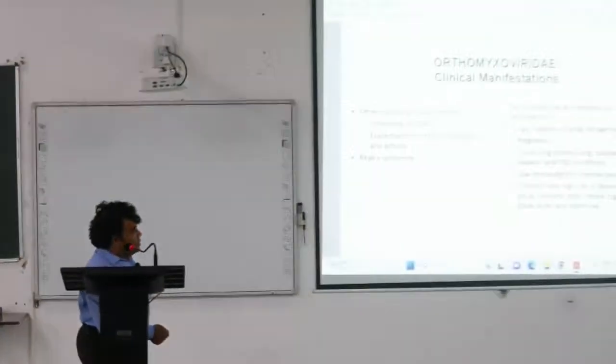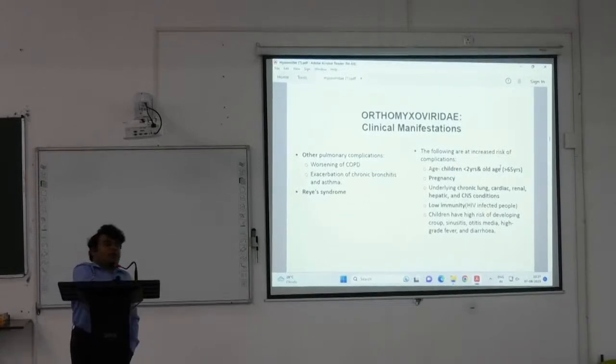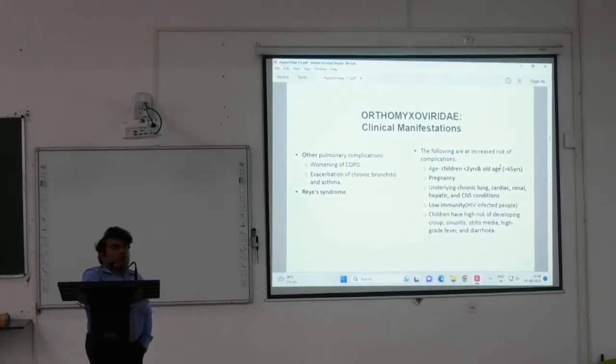Who is more at risk of this infection? This is important because you have to protect these patients. They include the extremes of age, children and people more than 65 years of age, pregnancy, chronic diseases like chronic lung disease and chronic renal disease, and people with low immunity, any sort of immune compromise.